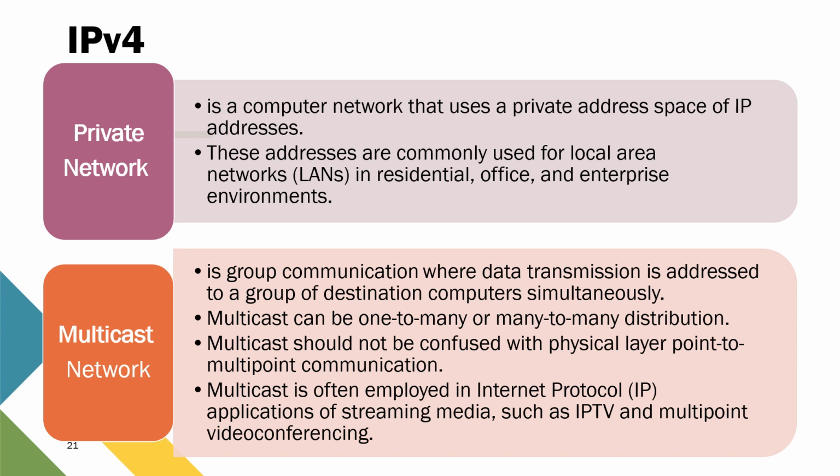It can be one-to-many or many-to-many distribution, meaning it can be from one central point of the network provider towards a lot of computers, or from many points to many computers. Not only computers, it can be many other devices also. This is usually employed in IP applications for streaming media, IPTV and multicast video conferencing.